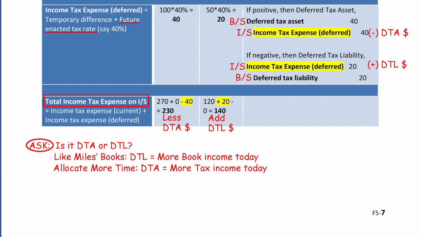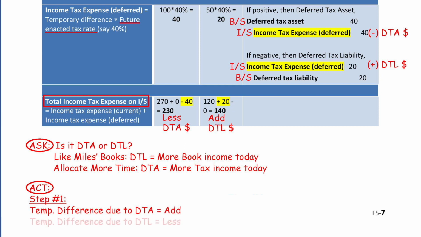So after you understand whether it should be a deferred tax asset or a deferred tax liability, it's time for you to write ACT. And in step number 1, temporary difference due to DTA equals add. Temporary difference due to DTL equals less.